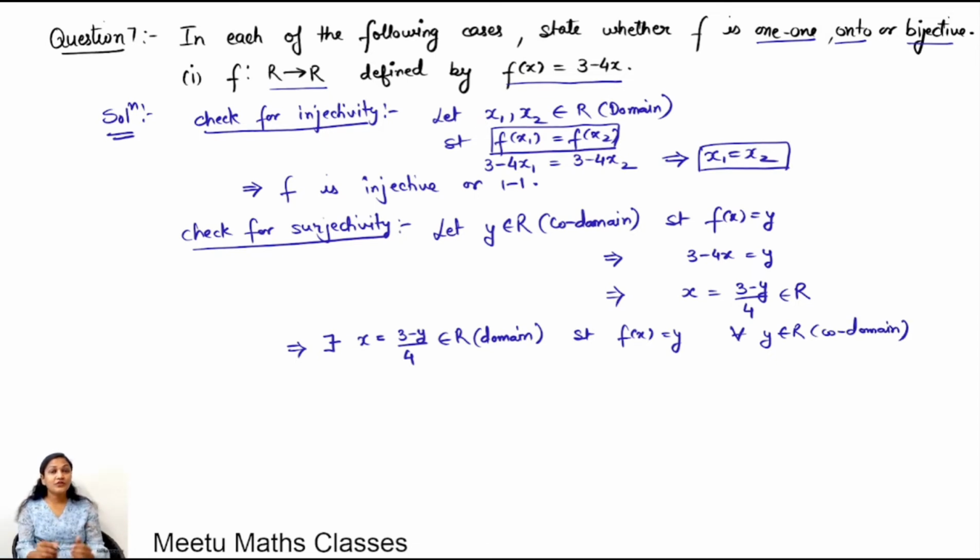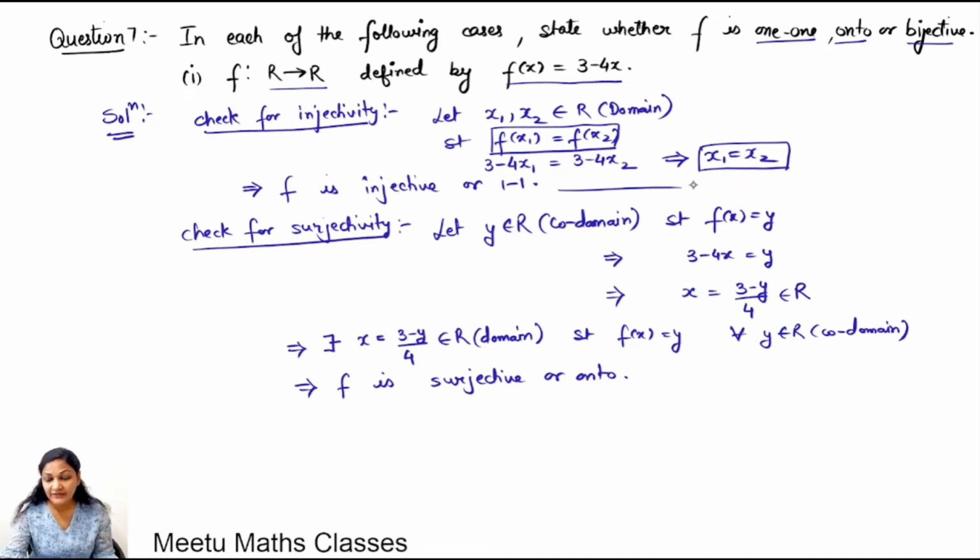Okay. For all y belonging to the codomain, there exists a pre-image in the domain, and that implies that f is surjective, or onto.